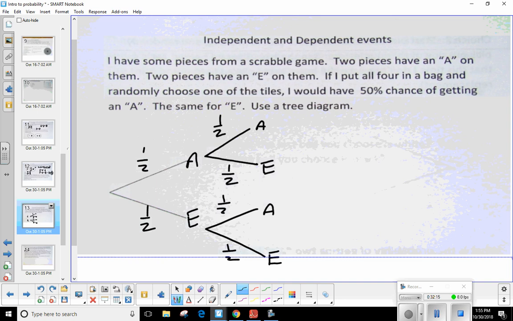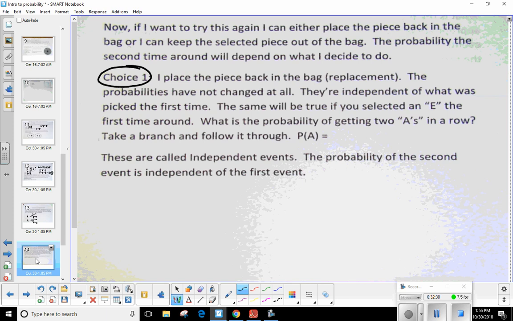Now, what would have happened had I decided to keep that out? Then it would become dependent on the previous probability. Does that make sense? You guys okay with that? That's the difference here between independent and dependent. So what we just said, they're independent. The probability of the second event has in no way any dependence at all on what previously happened.